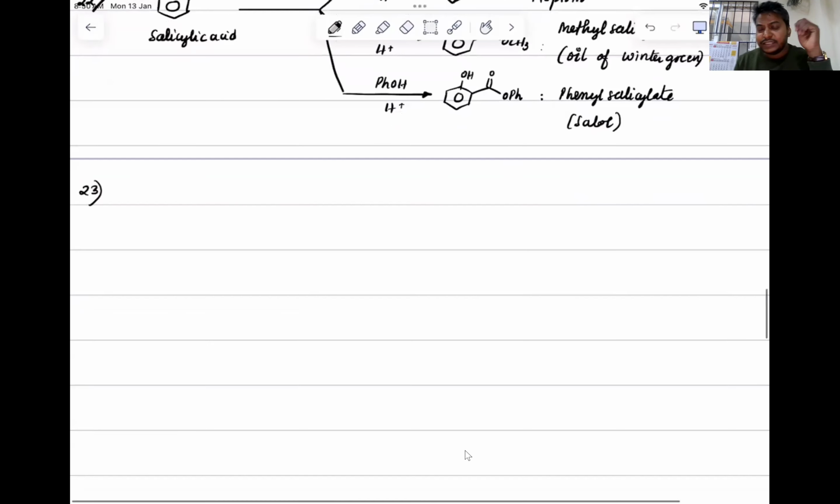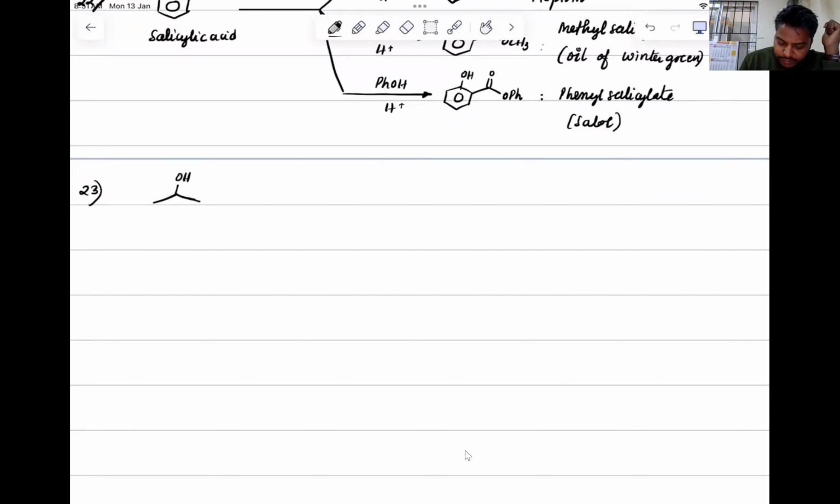Okay. Next, 23. Check out. Now, reaction conditions are important. Directly, reaction conditions are asked in these reactions. Suppose if you have a secondary alcohol and you are treating that with 85% H3PO4 at around 440 kelvins. Remember the temperature condition also, at around 440 kelvins.